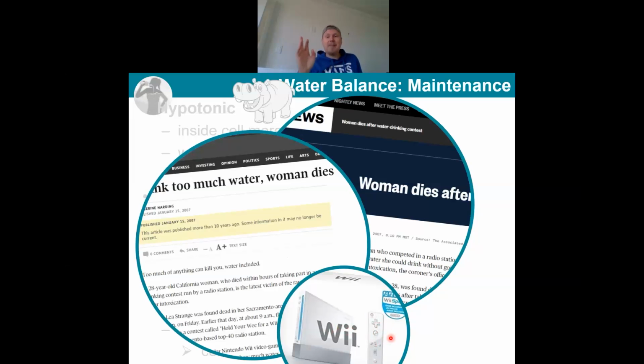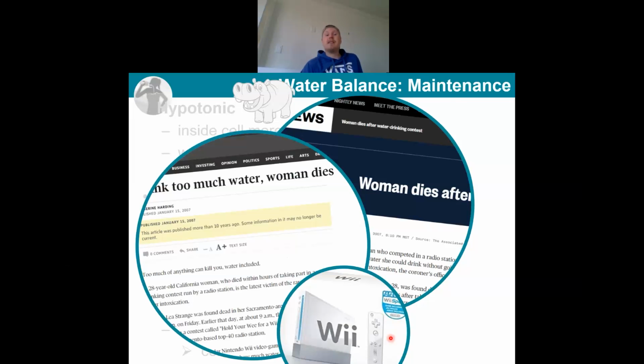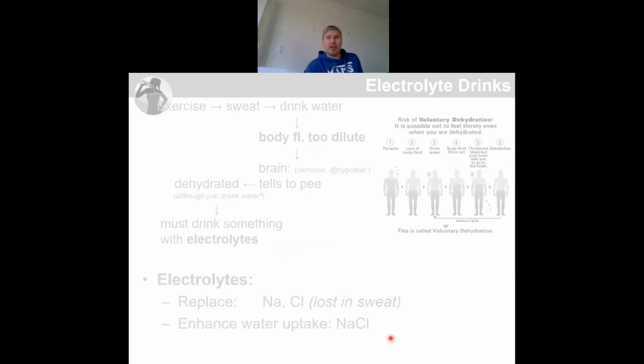The idea was funny, playing with the words, but clearly these individuals had not studied anything about tonicity. What happened then is that this individual's cells ended up gaining too much water and eventually even bursting, and the individual died. So it is possible to drink too much water.